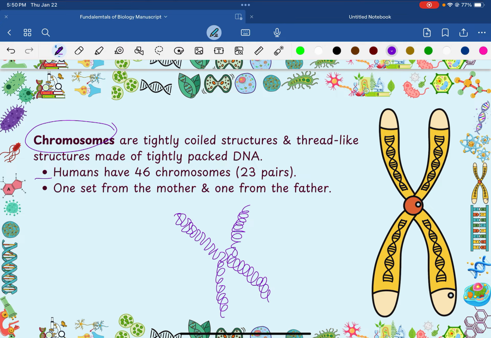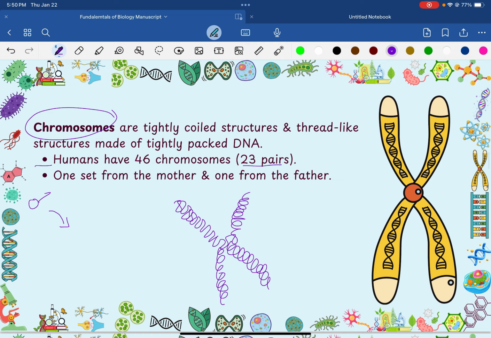Humans have 46 chromosomes, which is 23 pairs, one set from the mother and one from the father. So it means that half of the set comes from the father and half of the chromosomes come from the mother.